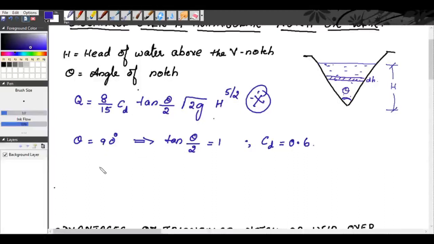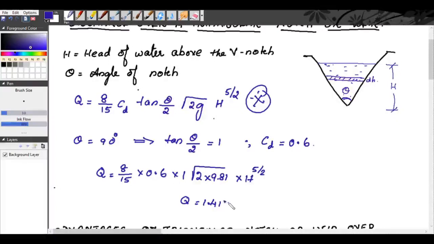So you get the discharge for a right angled triangular notch: Q is equal to 8 by 15 into 0.6 into tan theta by 2 is 1 into square root of 2 into 9.81 into H raised to 5 by 2. So you get Q is equal to 1.417 H raised to 5 by 2. See, this formula is important. Q is equal to 8 by 15 Cd tan theta by 2 square root of 2g H raised to 5 by 2.